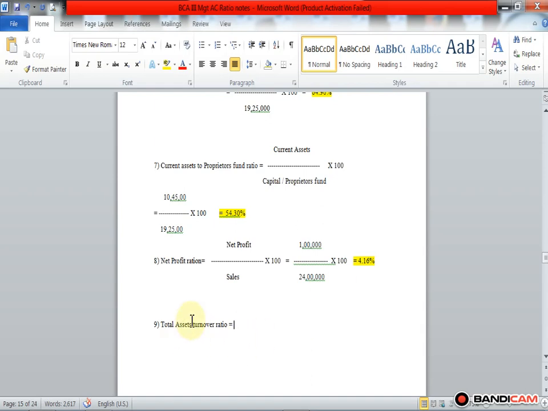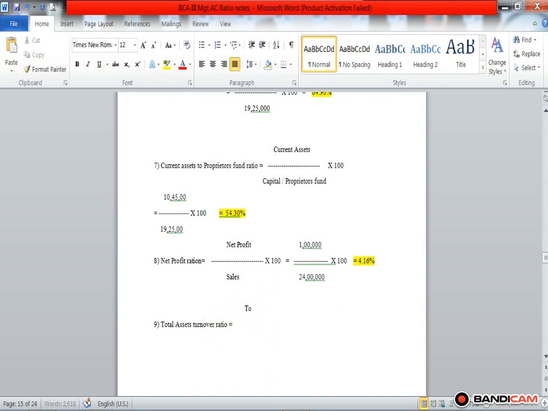Total assets means all assets, fixed assets plus current assets, and turnover means sales of the organization. So we find the relation between total assets and turnover, and according to that we make the formula: total assets divided by turnover or divided by sales.